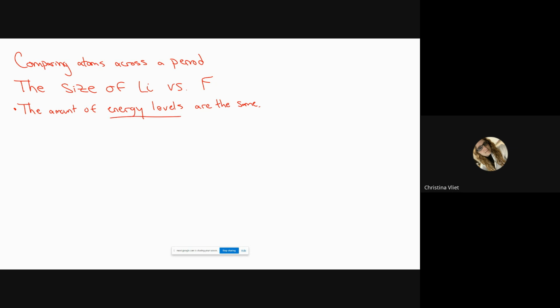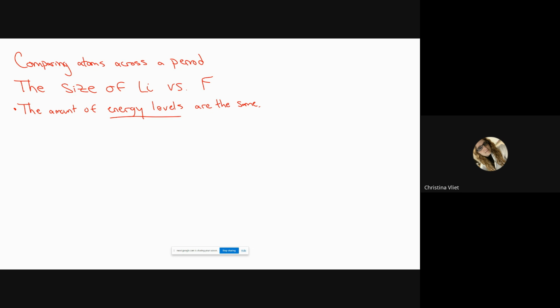If you look at what you wrote down, the textbook says, as I go across the periodic table, atoms get smaller. It says the size decreases, which means that fluorine is predicted to be, and it is, smaller than lithium.